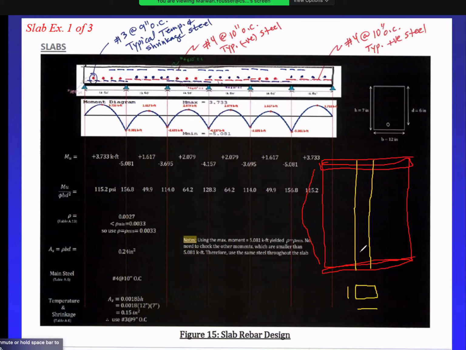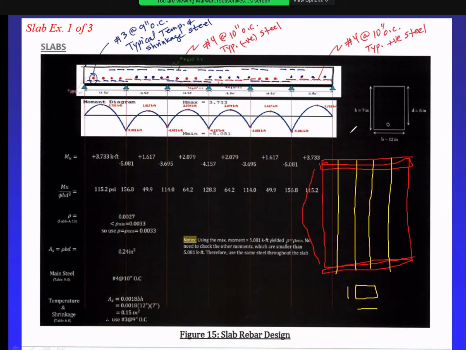Once let's say I have 2 bars, I'll take another strip here, 1 foot, another strip here, 1 foot. But I don't have to do that. Once I do one, I will get the area of steel per foot. I go to the table in the back, and that's where I pick up the steel. It will give me number 4 at so many inches. All right? Is that clear?